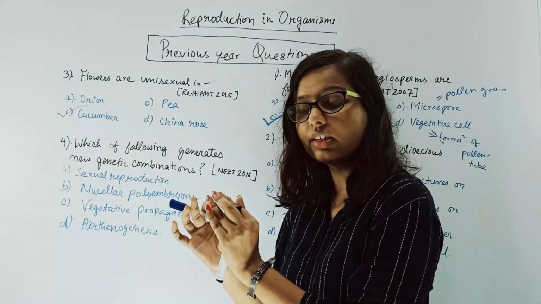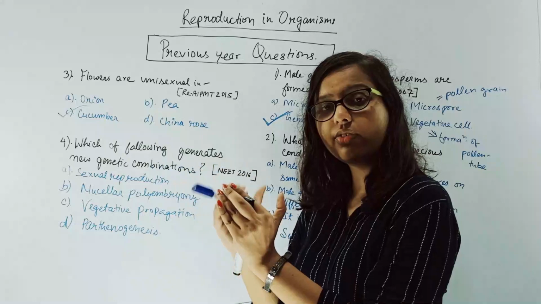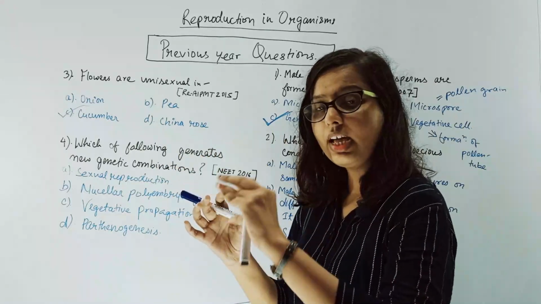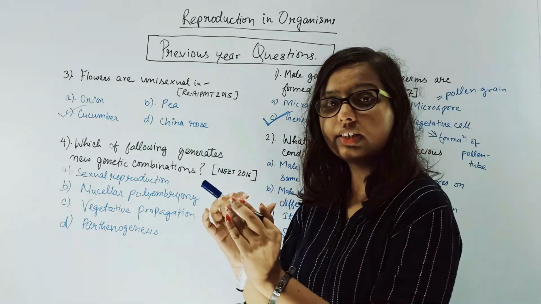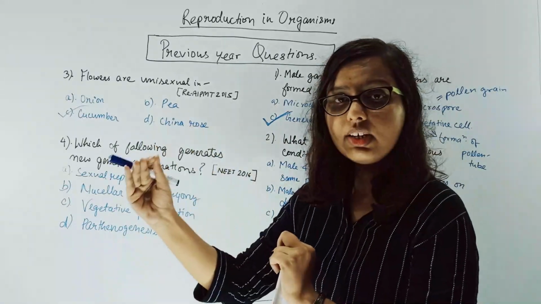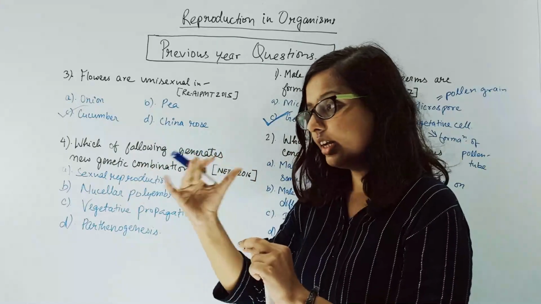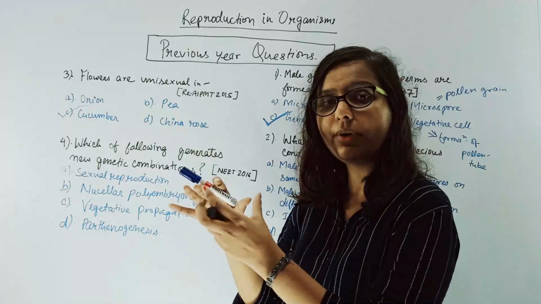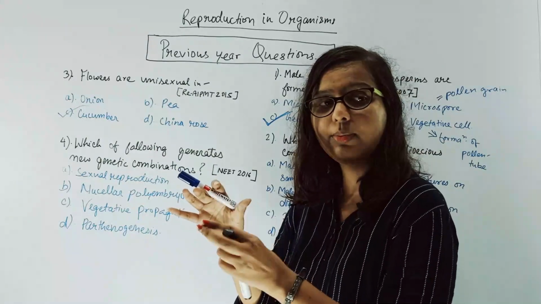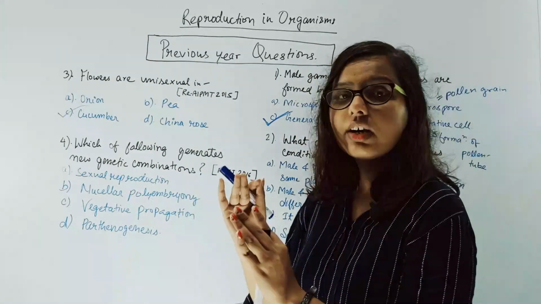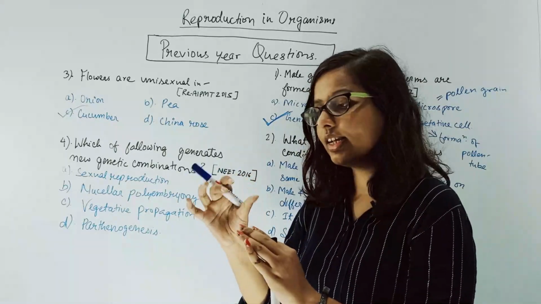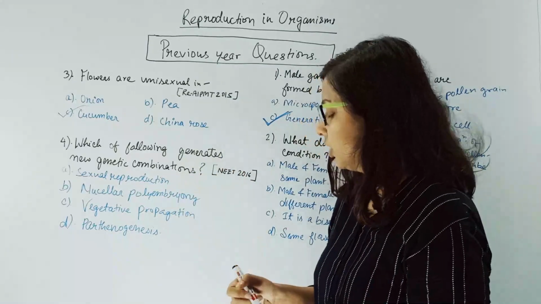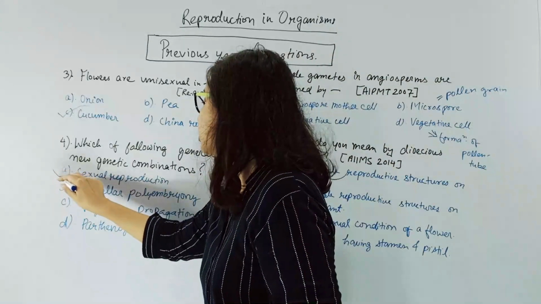In the same way, if I compare the zygote with the female gamete, it again differs because it has the male gamete genes also. So a combination of male and female genes is there. Therefore, in sexual reproduction, the zygote has a new genetic makeup. So our answer is sexual reproduction.